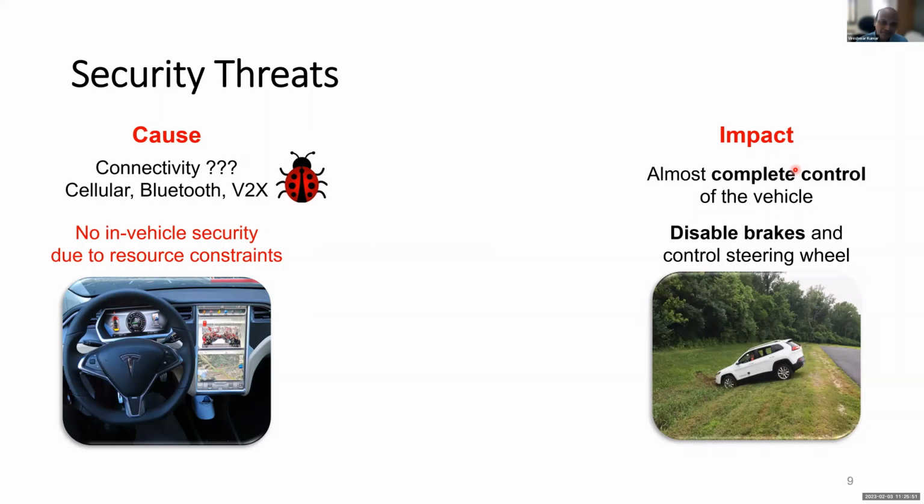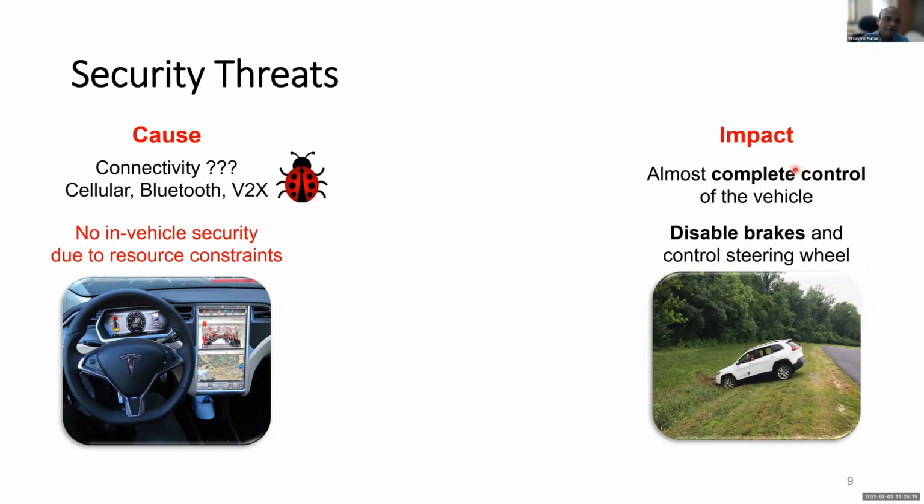So the design is such that it is very difficult to ensure security of messages on the CAN bus. But now we are moving in both directions. We are connecting the vehicle to the outside world, to the internet, making it a part of the Internet of Things. And we are also adding more features, which means more control through these messages.